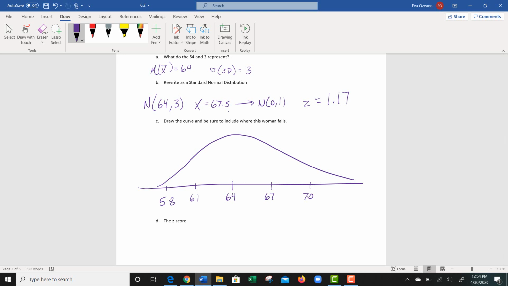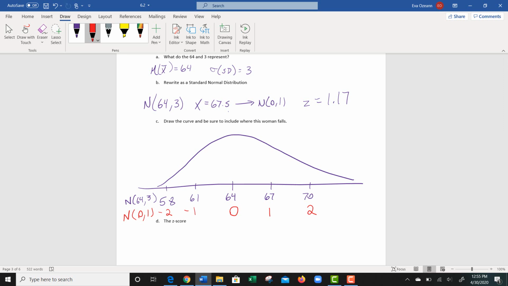Now this is writing it using the information we were given, so that's actually using the raw data. If we write it in standard normal form, in a different color, this would be 0, this would be 1, and this would be 2. This would be -1, and this would be -2.